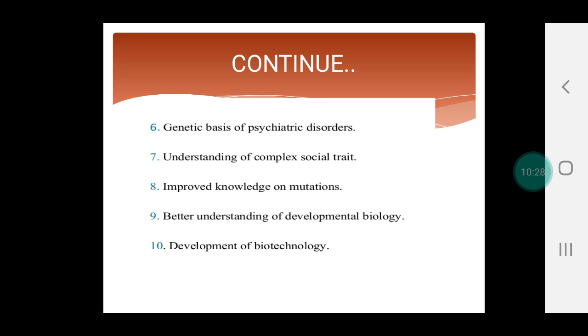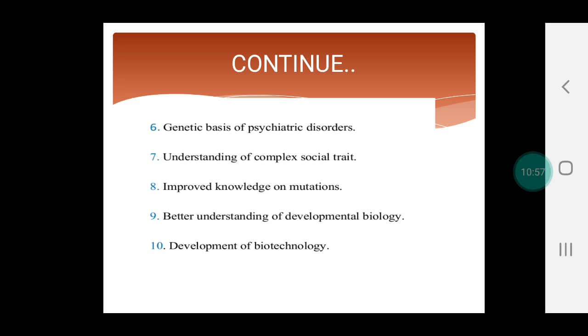Then understanding of complex social traits. Being human beings, each and every social group possesses a complex social trait. We differ from each other in social traits. To understand this, DNA, you can say genomics, helps a lot. Then improved knowledge on mutation.